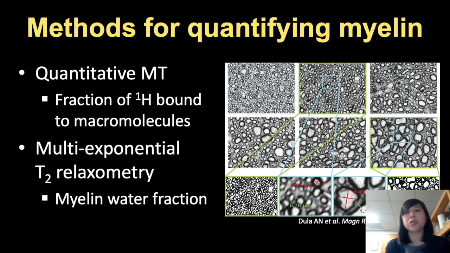So quantitative MT essentially quantifies the fraction of protons bound to macromolecules like myelin, and it does so by applying selective saturation of protons bound to macromolecules such as myelin, thereby reducing their longitudinal magnetization and rendering it possible to create these magnetization saturation images, or alternatively to be displayed as the ratio of images with magnetization transfer saturation on and off.